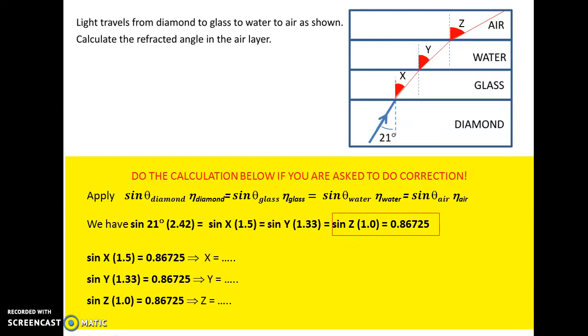By calculator, you may know that the value of sine 21 degrees multiplied with 2.42 is actually 0.86725. And in this way, by looking at the very last part of the equation, you can see we may calculate the angle z directly. Easy, actually.